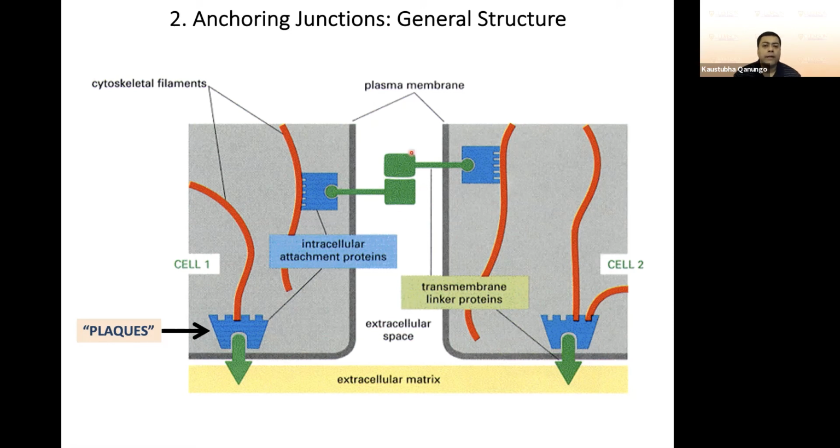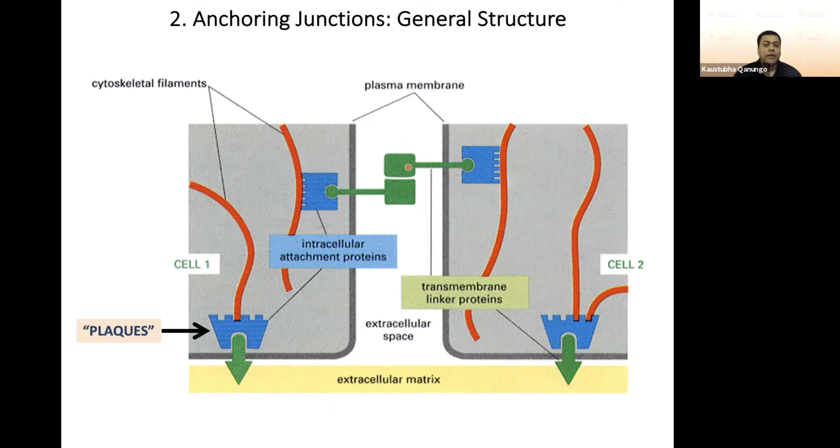Now what you have right here is a transmembrane protein, and these are known as the transmembrane linker proteins. You can see that there is a domain right here, this square, which is interacting with the domain of the adjacent cell. And then there is a membrane part which is traveling through into the cytosol. So that's your transmembrane part. These proteins are on the lateral surface of these two cells, and there is a domain which interacts with each other.